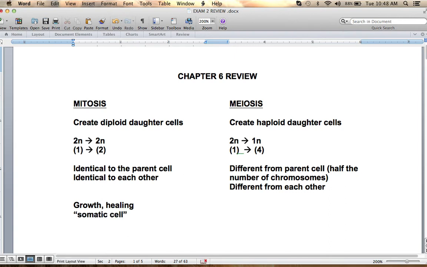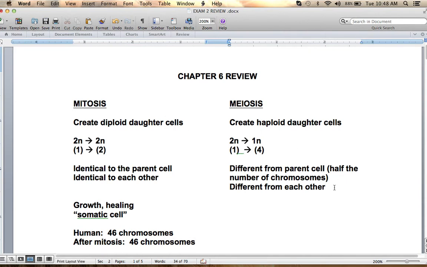Basically that's everything other than your sex cells. So in a human, that would be the 46 chromosomes that make up a normal somatic cell. Before mitosis, the parent cell has 46 chromosomes. After mitosis, the daughter cells still have 46 chromosomes.